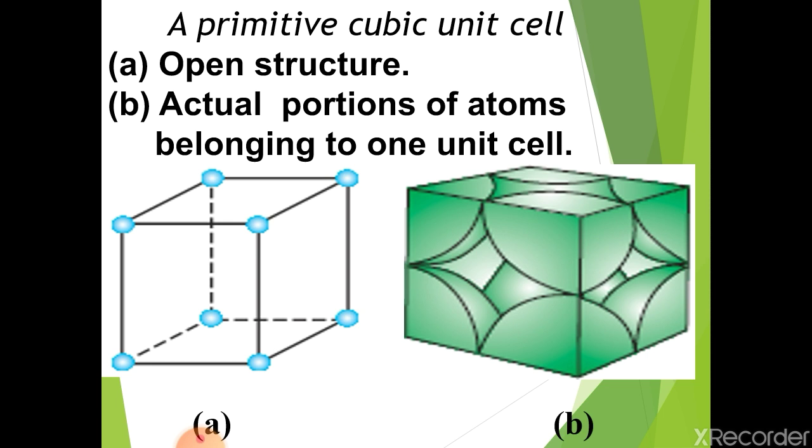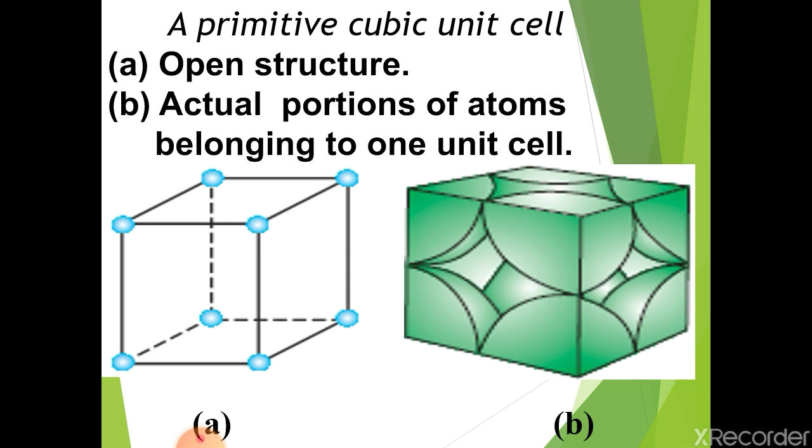As you know that a cube contains 8 corners, a primitive unit cell also has one constituent particle at every corner. In the second figure, one constituent particle contributes only 1/8 part of a sphere.